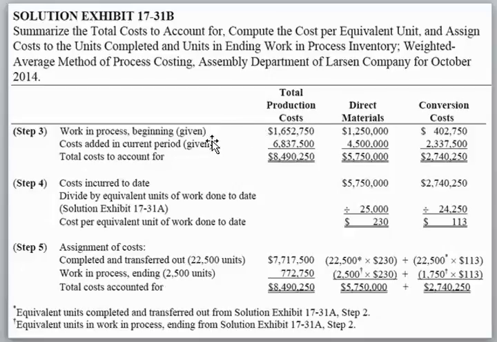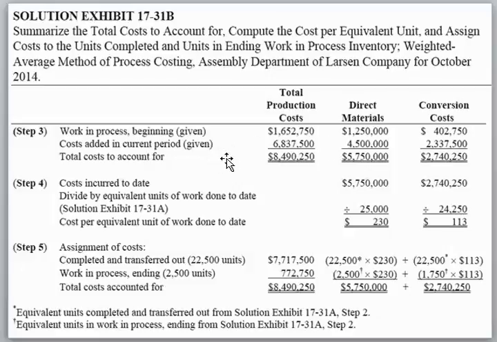Then the costs added in the current period are also given: direct material was 4,500,000 and the conversion cost 2,337,500. So the total cost added in the current period is 6,837,500.